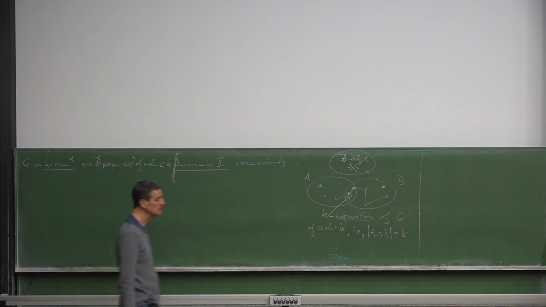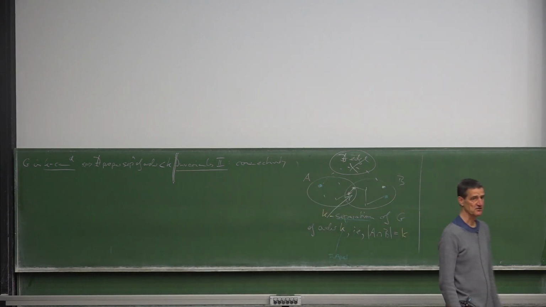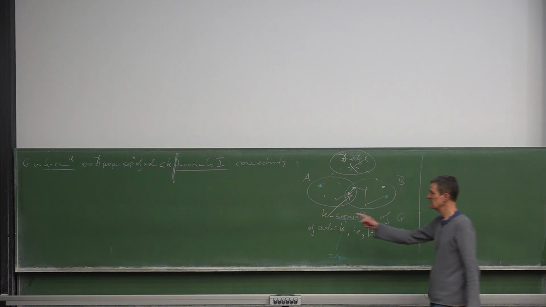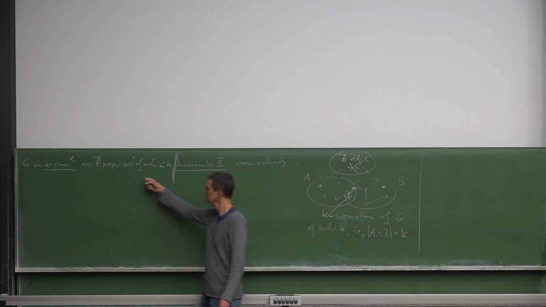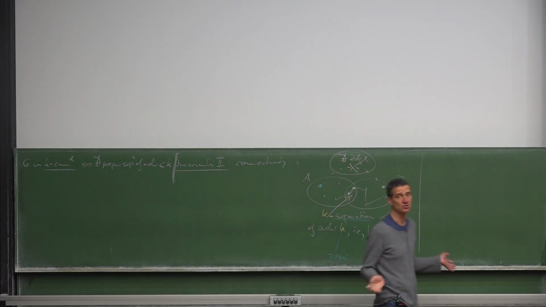Now, if K is 100 and our graph is a triangle, a K3, that would satisfy this, right? So a K3 doesn't have a proper separation at all.